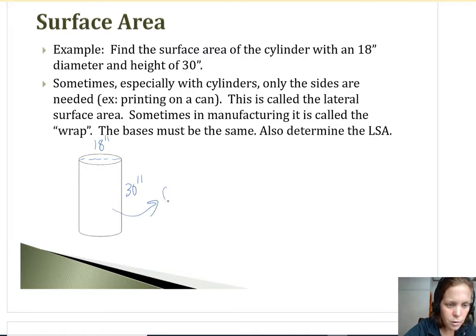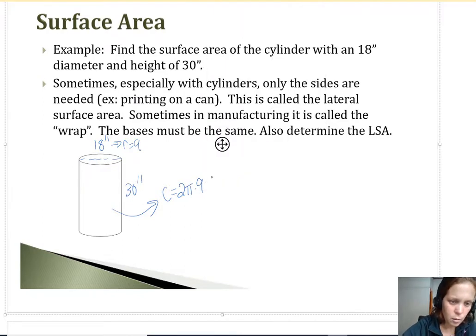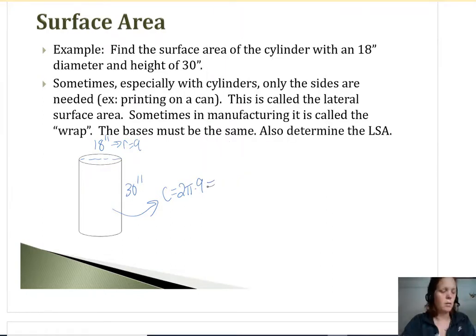To get the circumference around, 2 times pi times radius, I'm going to use that version. If it's an 18-inch diameter, 9-inch radius, the circumference of the circle is 2 times pi times r, and that is 56.55 if I go to the hundredths.